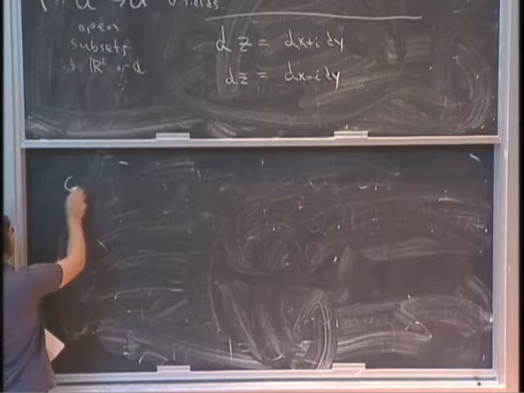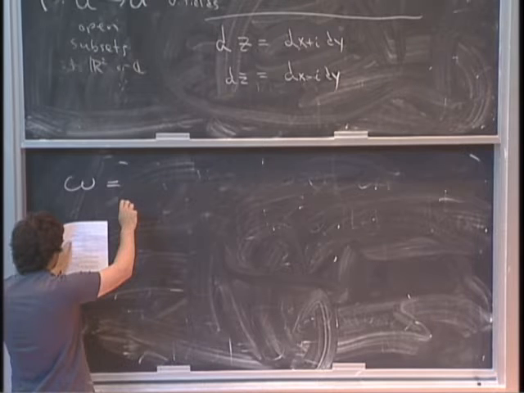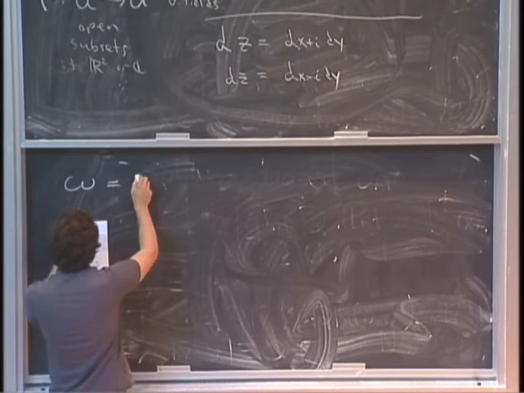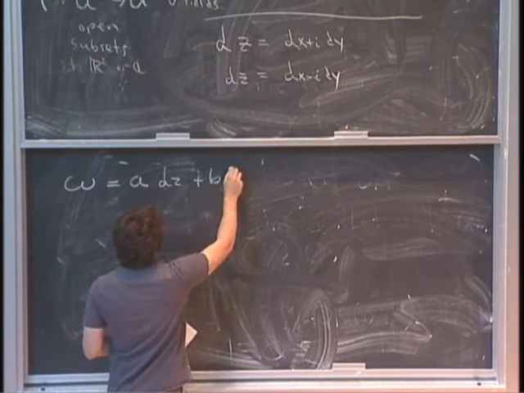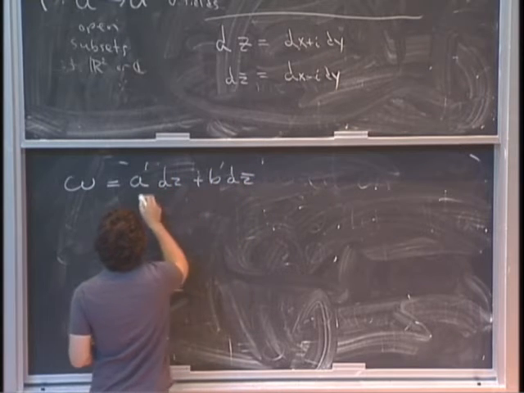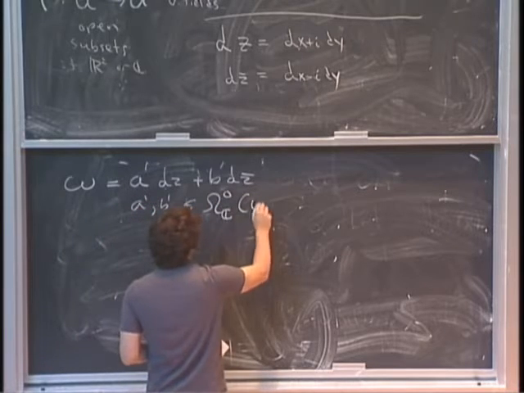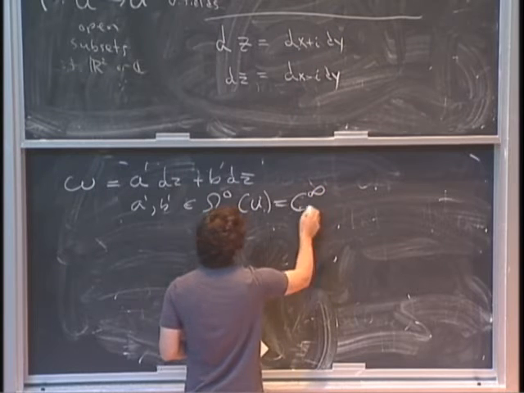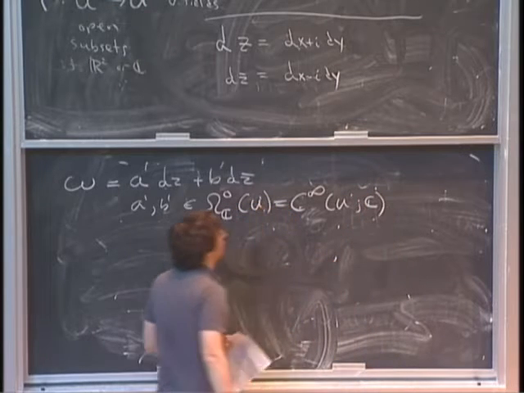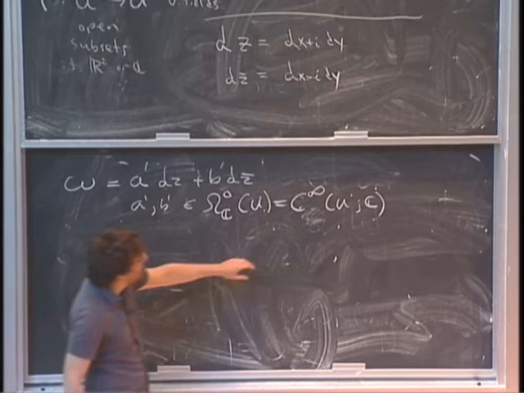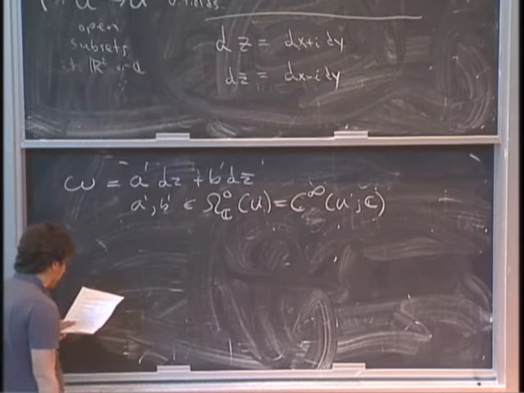The point we made last time, which I want to reiterate because this is the key to everything, so if you haven't seen this before you should really dwell on it: if we write a complex one form as a' dz plus b' dz bar, where a' and b' are zero-forms on U prime, which is the same as C-infinity functions on U prime valued in C. Think of this as an open domain in the complex plane, but you can go back and forth; it doesn't make any difference.